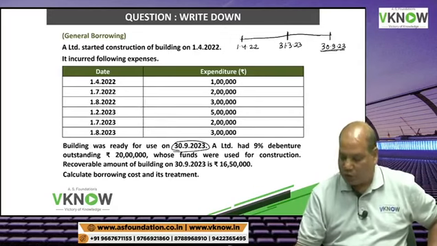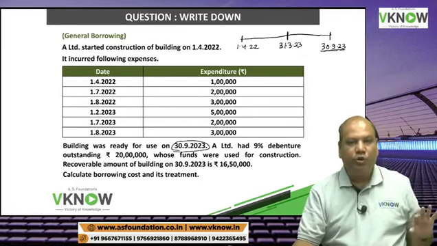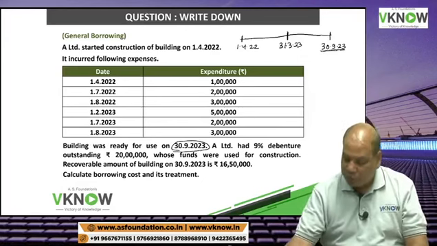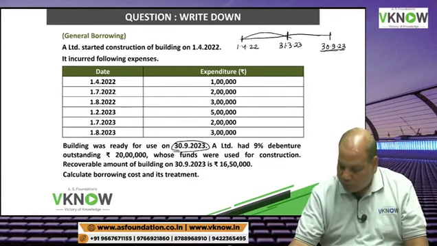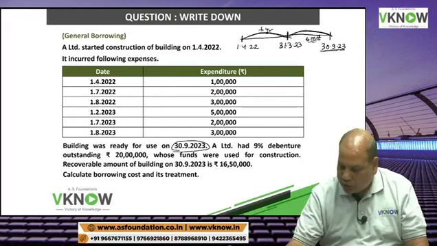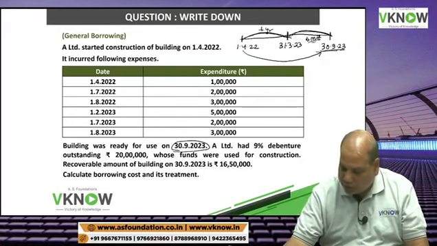A new type of question. In most of the previous questions, you have done calculation for 1 year only. In this question, we'll have to do calculation for the first 1 year, and again we'll have to do calculation for 6 months. Total time taken for construction activity is 18 months.